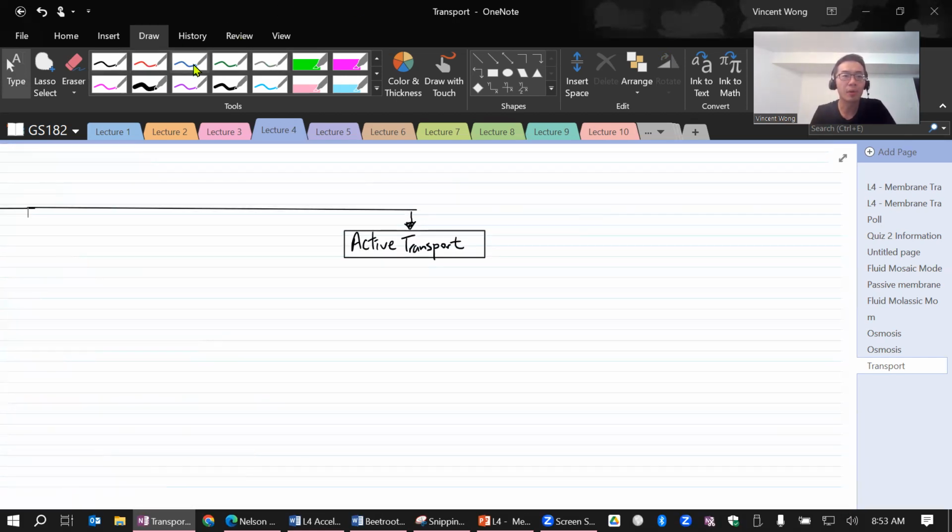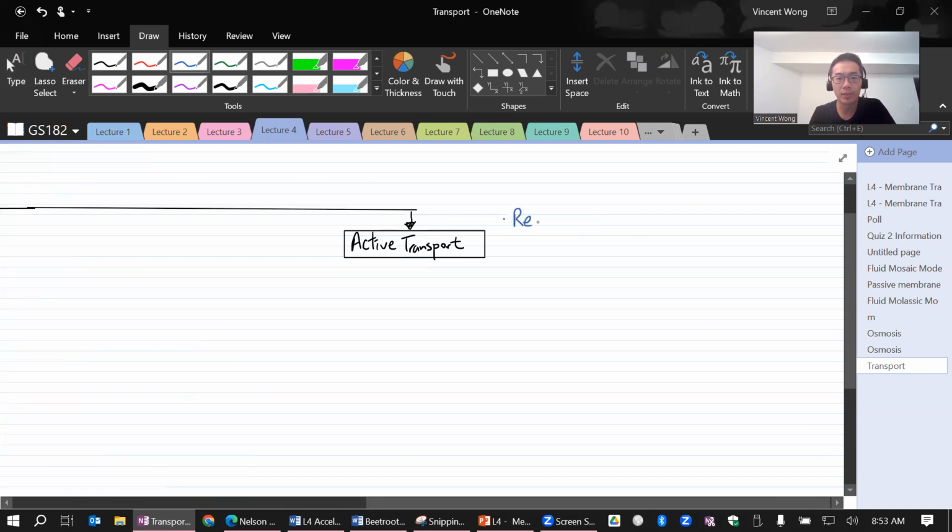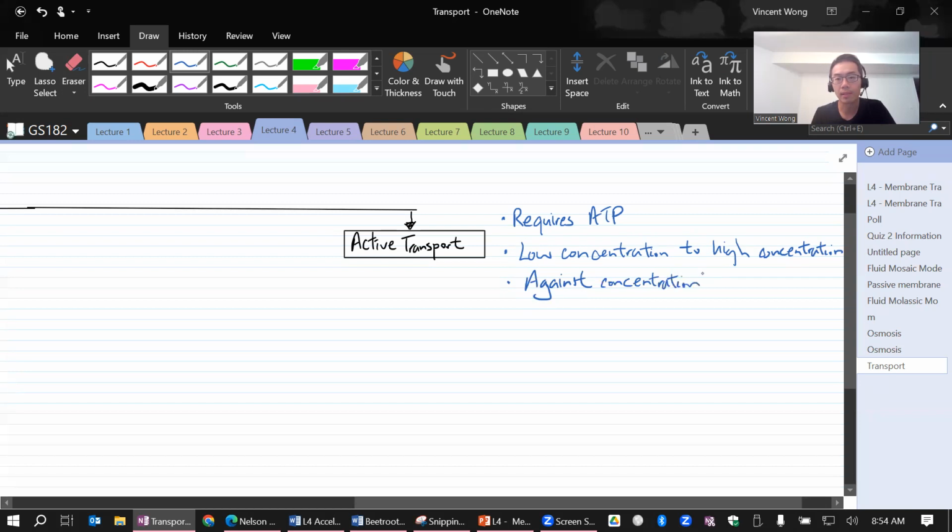So active transport requires ATP, right? And we are going against the concentration gradient, from low concentration to high concentration. Okay, so we can say against concentration gradient.